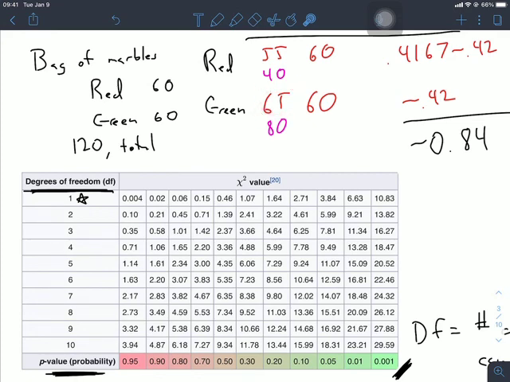Well, you can go across this and say, okay, well, 95% chance if our chi-squared value is very, very low, that would be something like 61 and 59. And then keeping on going down, you're going to want to find the two values that 0.84 is in between. Well, 0.84 is between 0.46 and 1.07. Carry that down here.